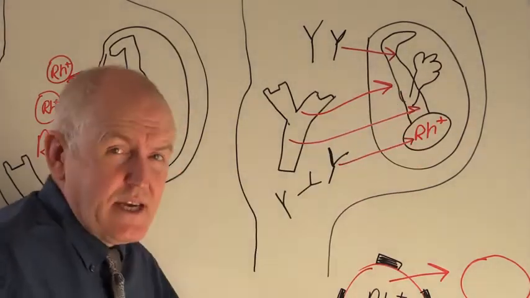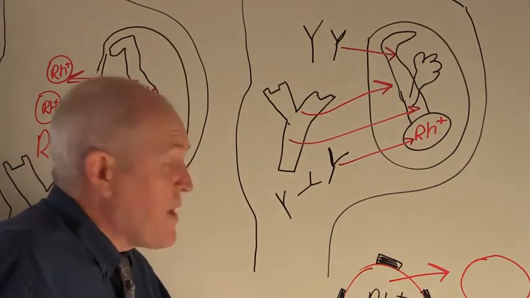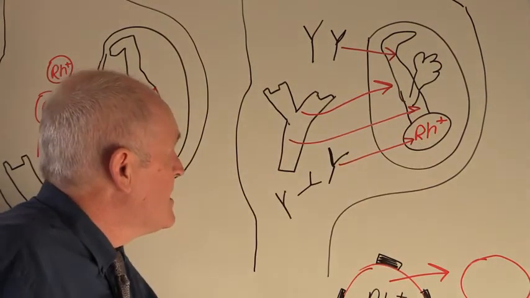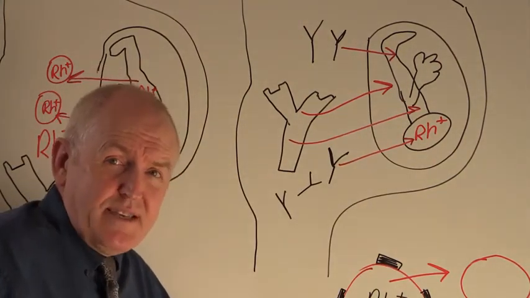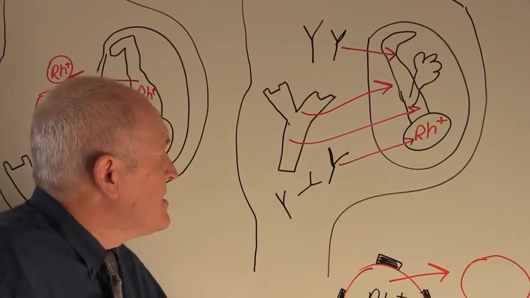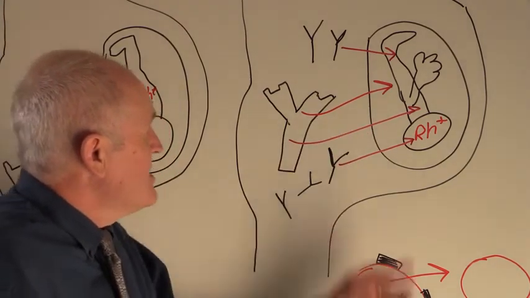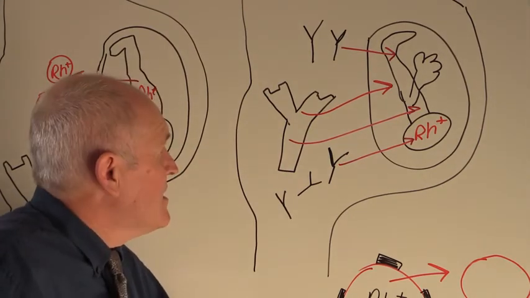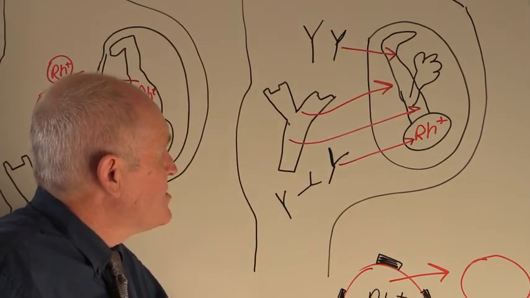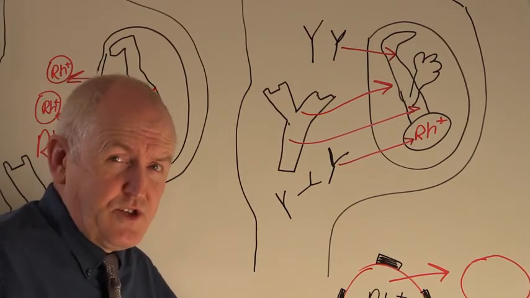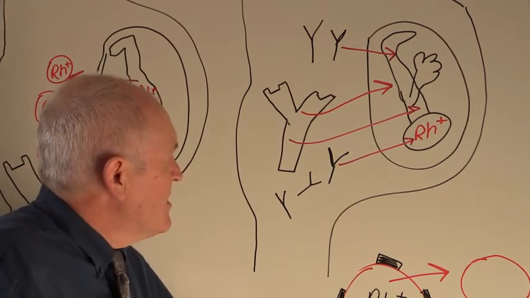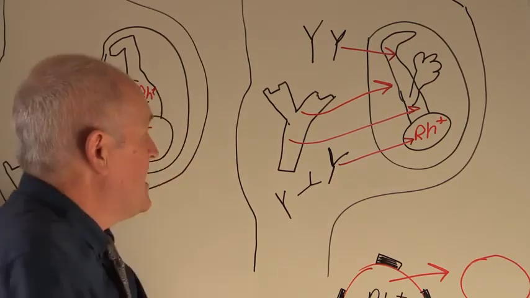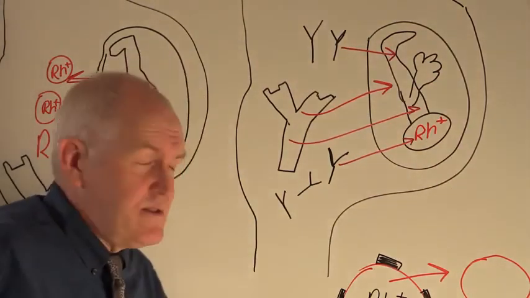So because the baby is going to be hypoalbuminemic, because they're not producing the albumin, the baby can also be edematous. So what we can end up with is a delivery of an edematous anemic baby with bilirubin encephalopathy, with brain damage, and of course the child's going to be jaundiced because of the bilirubin as well. In more severe cases, there can be intrauterine death and the child will die.